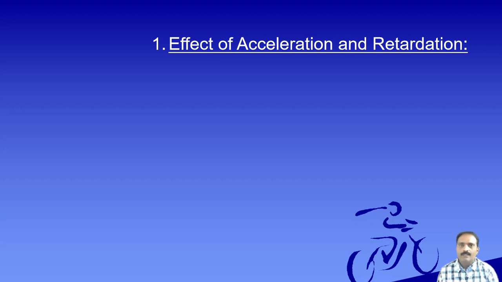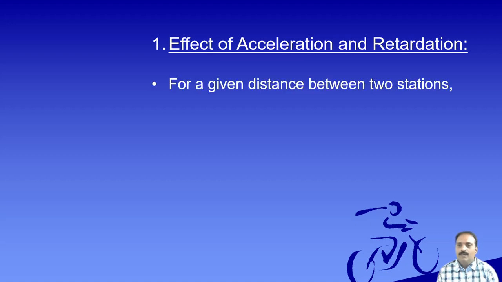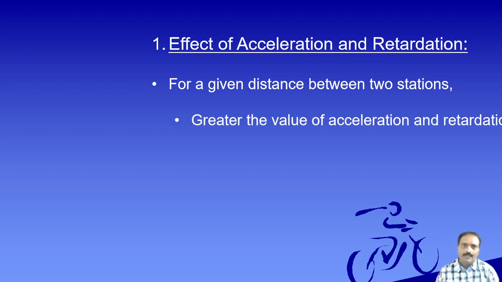First, the effect of acceleration and retardation. When you consider a particular distance between two stations, if you increase the value of acceleration and retardation, the total time of run to cover the distance is going to decrease. Similarly, if you decrease the value of acceleration or retardation, the total time taken for that run is going to increase.